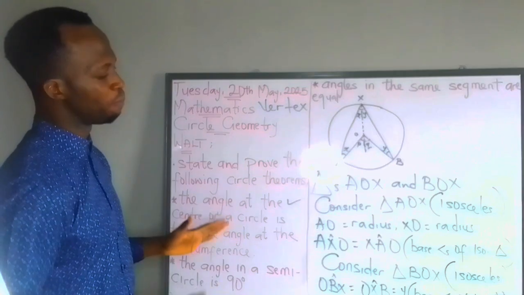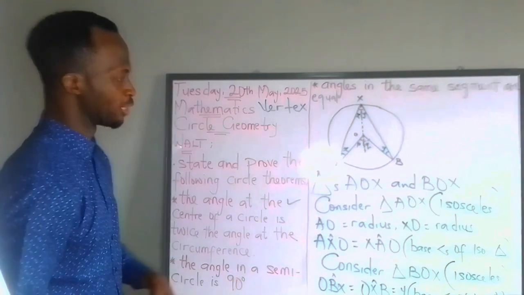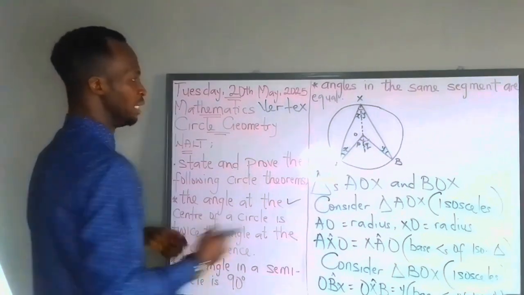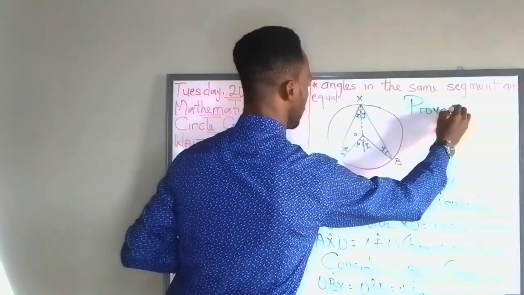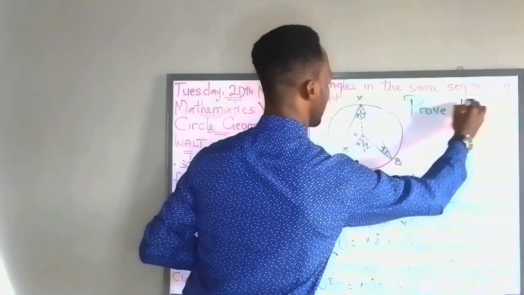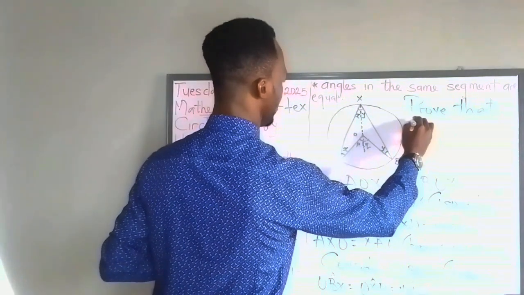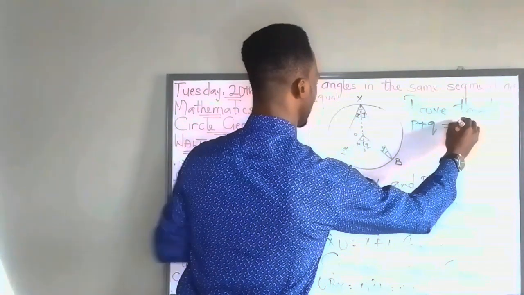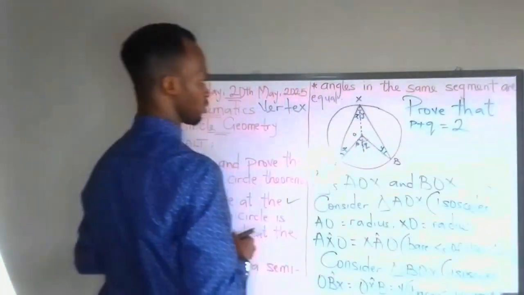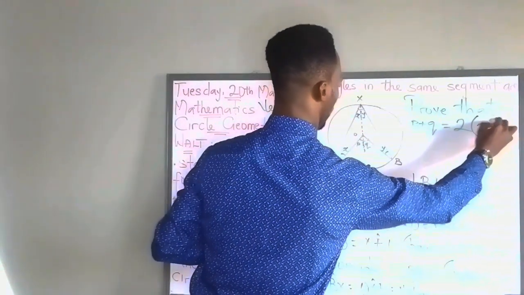So now, what is the implication of all of these that we have done? Don't forget, we want to prove that the angle at the center, which is P plus Q, is equal to two times the angle at the circumference, x plus y.